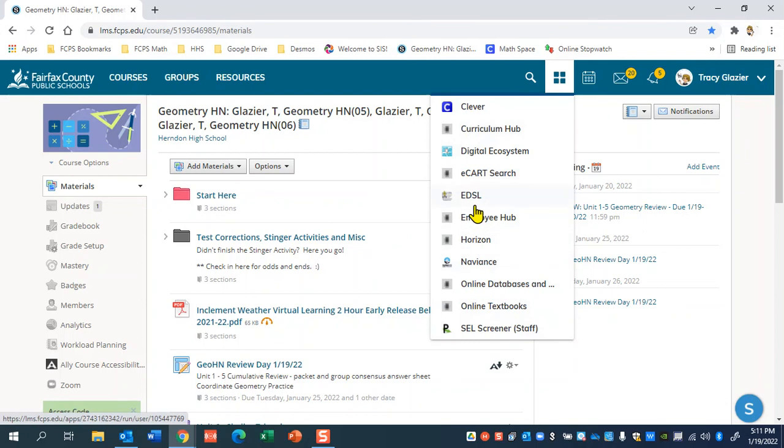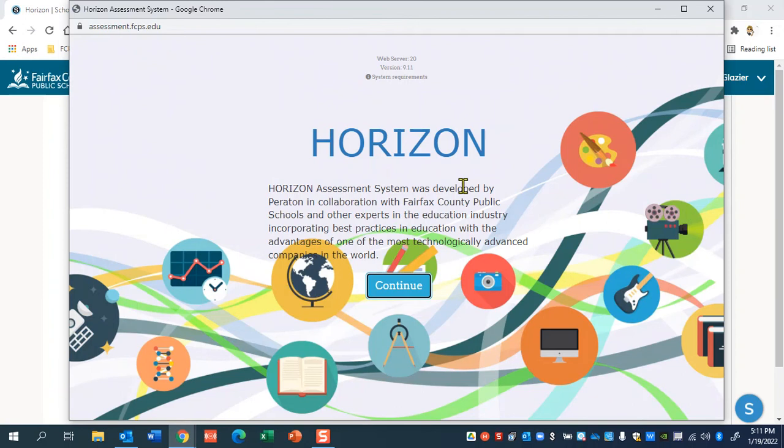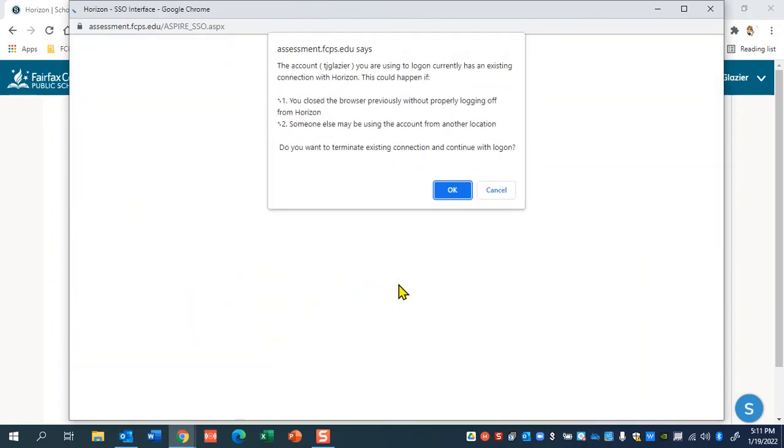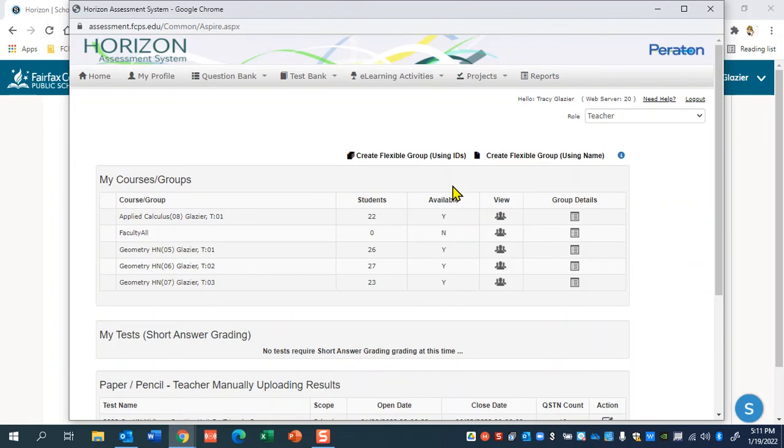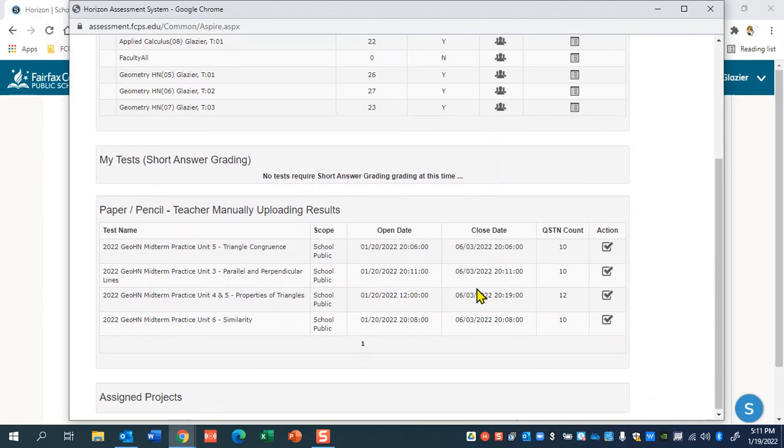I don't know what you have under here, because this obviously is mine. But if you click on Horizon, that's what's going to take you to eCart, and then you can continue. And then when you're in Horizon, now of course this is my faculty view, but you should then be able to see the tests that are available to you.